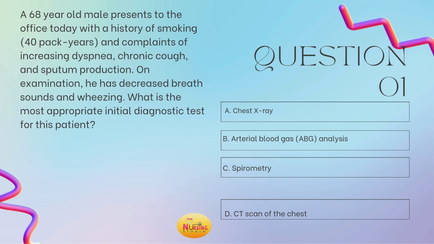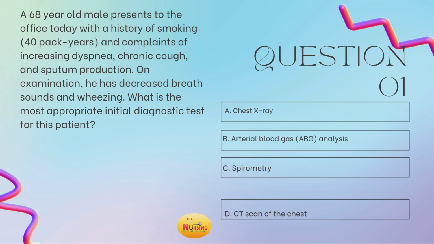And whatever differentials we're beginning to think based upon those assessment findings, that's going to let us know what diagnostic tests we need to do. But also, reading the stem of the question lets us know we need to think of the first diagnostic exam. So, as I always tell y'all, make sure you know those gold standard exams because this says initial, right?